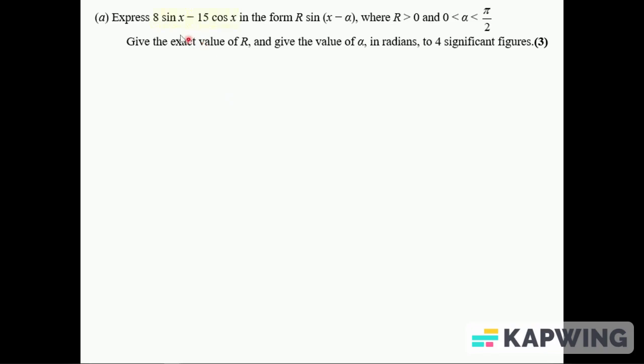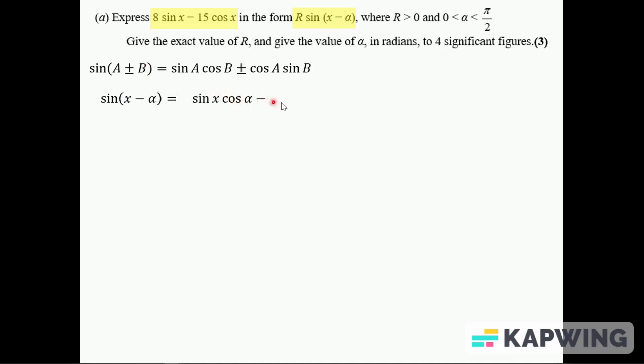So we're going to express 8 sin x minus 15 cos x in that form. If I look in the formula book, this is what it says for sine of a plus or minus b. Well, I need sine of x minus alpha. So I replace the a's with x's, b's with alphas, and use the minus sign multiplied through all by R to get the R sin x, but then I get it in this form, and that's got to match up with this.